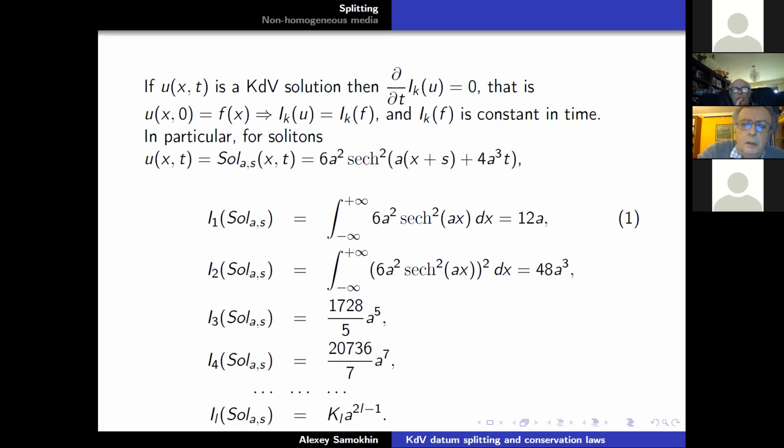Since the conserved quantities are constant, they are shown here. They depend only on the first parameter, the A.